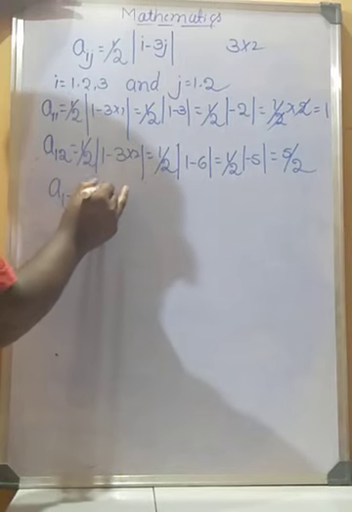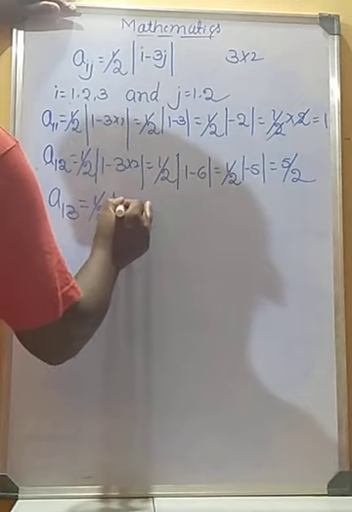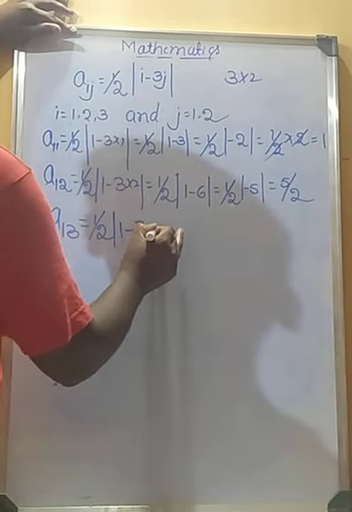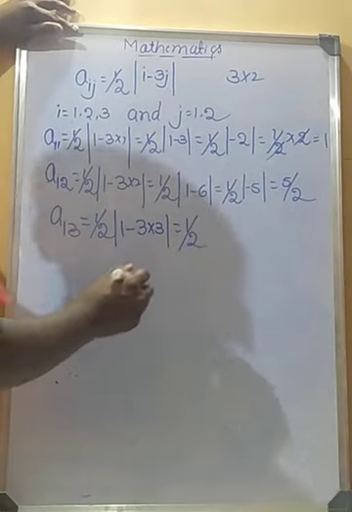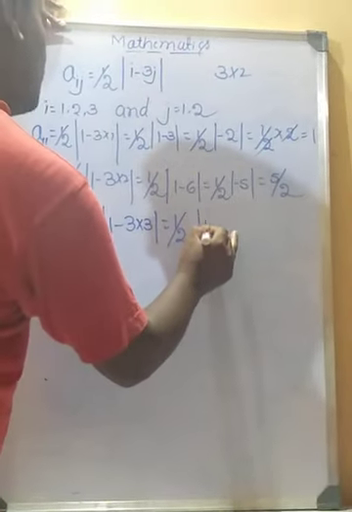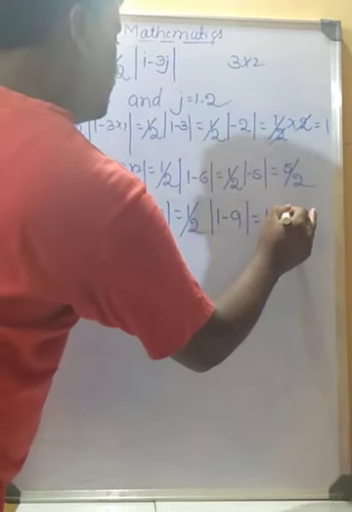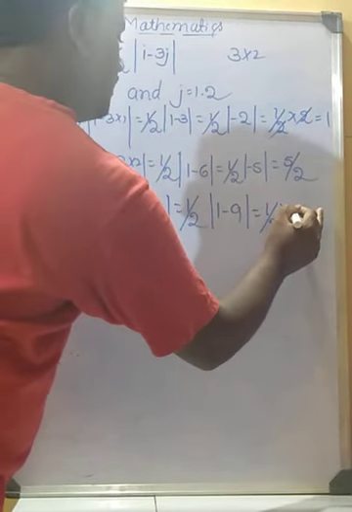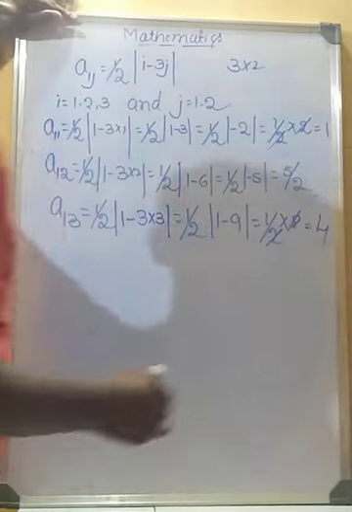A13 is equal to 1 by 2 mod 1 minus 3 into 3, is equal to 1 by 2 mod 1 minus 9, is equal to 1 by 2 into mod minus 8, mod minus 8 becomes plus 8, is equal to 4.